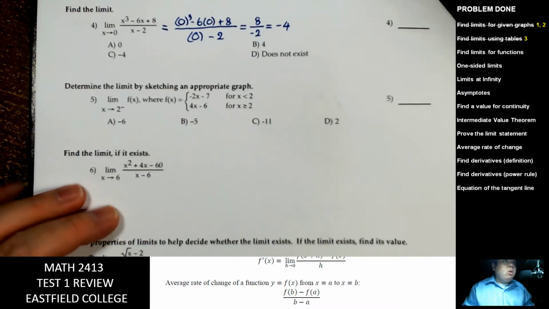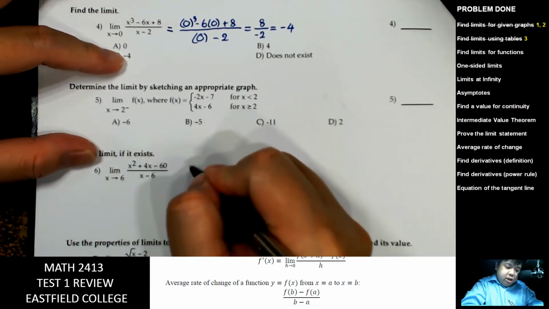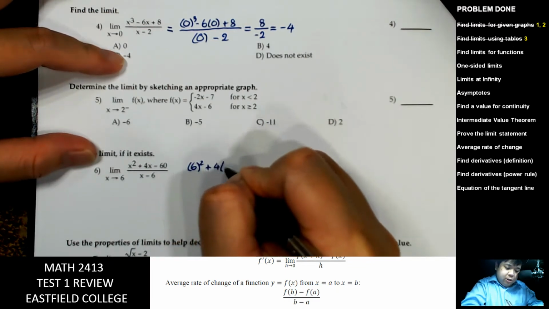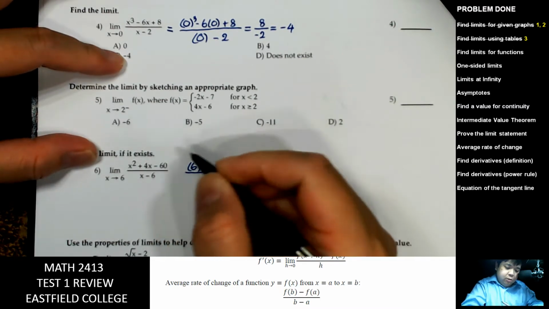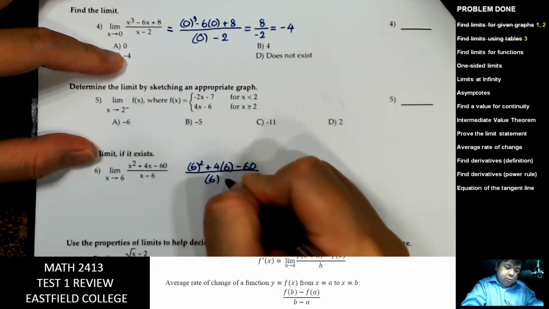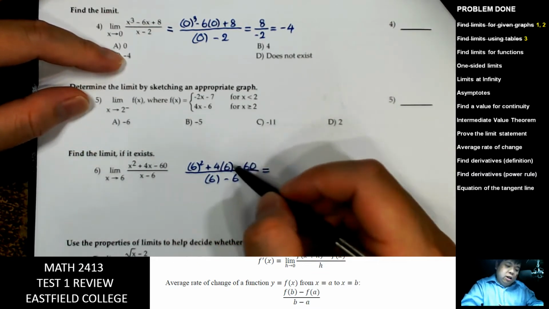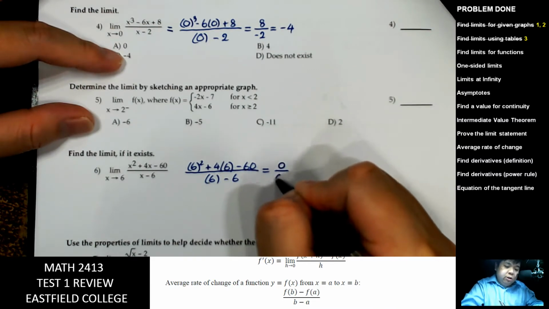So 4 and goes to 6. 6 will do the same thing. Put 6 in here. And that will be 36, 24, and 60. So we have 0 over 0.